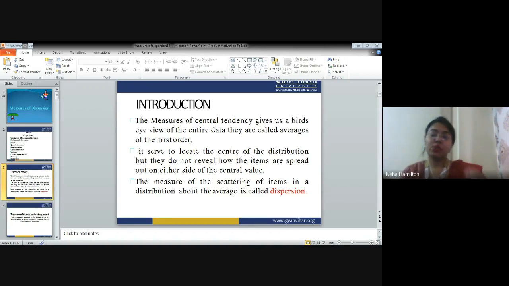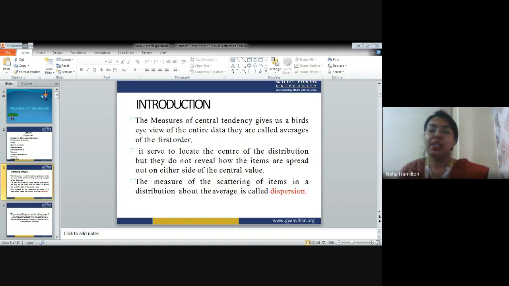As I've already told you, if the data is symmetrical, if the data is normally distributed, the data will be perfectly symmetrical around the central tendency. That means the left side of data is exactly equal to the right side of the data. Then we call the population perfectly normally distributed.